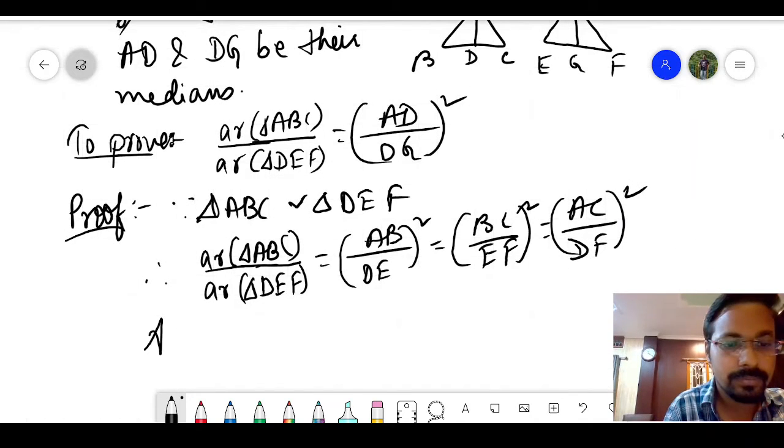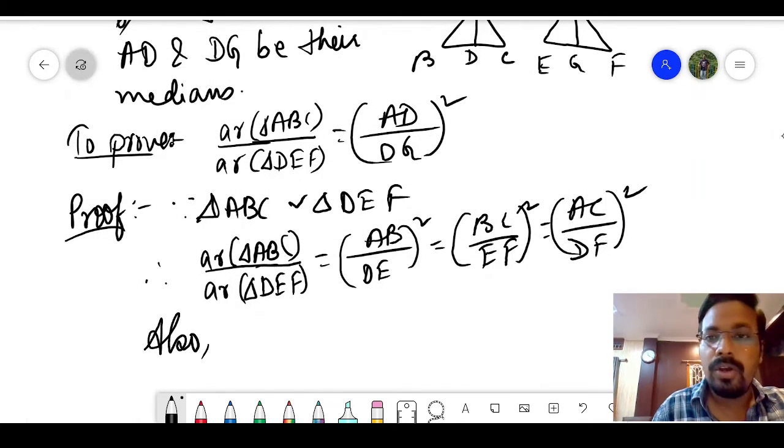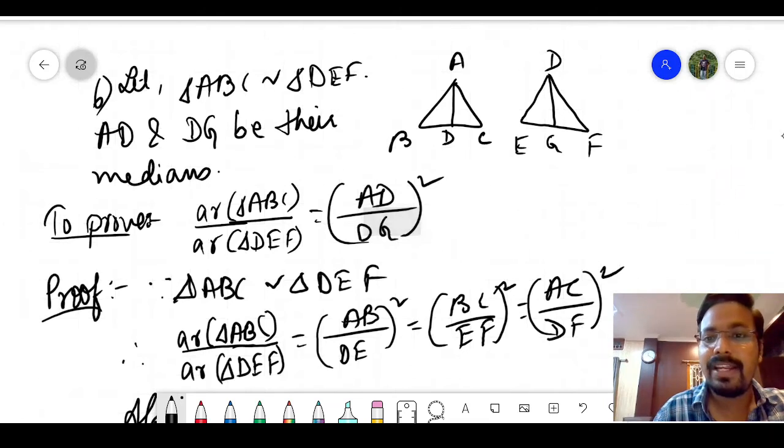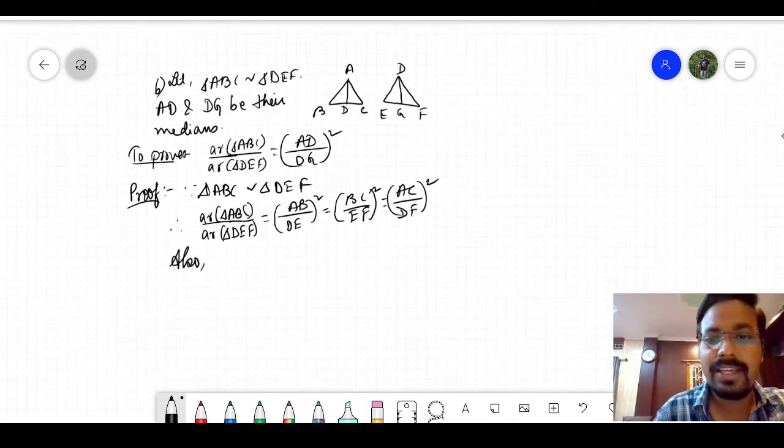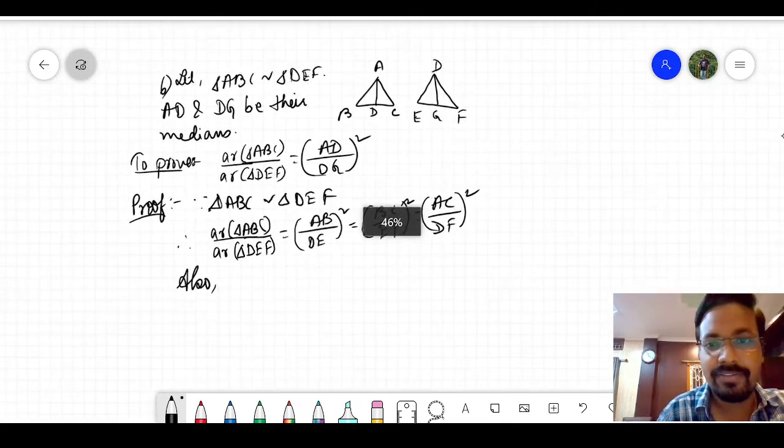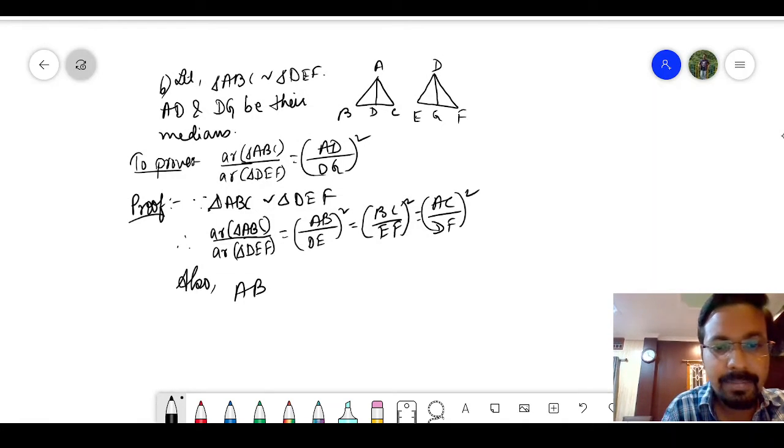Also, we can write that AB by BC is equal to DE by EF, sorry. So also we can write AB by DE is equal to BC by EF.